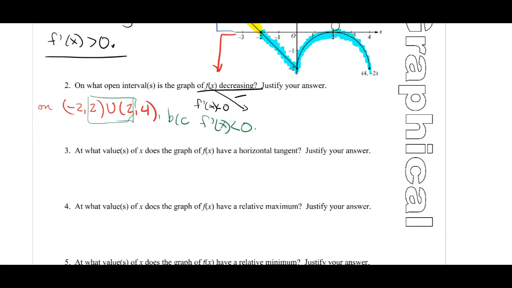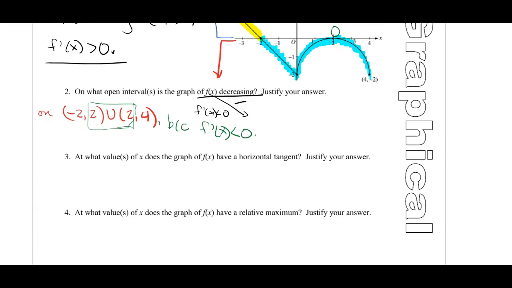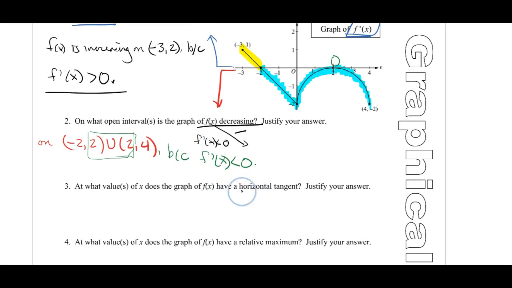Next question. At what values of x does the function have a horizontal tangent? Horizontal tangent is one of those keywords. We should think the derivative equals 0. Well, where does my derivative equal 0? Well, looking at my graph here, my derivative equals 0 here at -2 and here at 2.